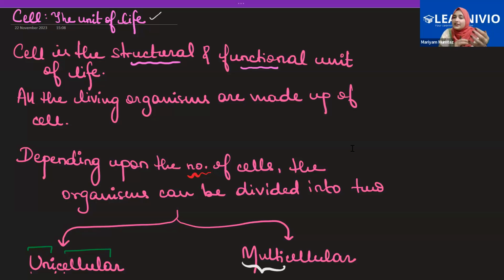And the reason why it is so important is because no matter what living organism you're talking about, they are made up of cells without any exception. Now you already know that on the basis of the total number of cells in their body, organisms are of two types.